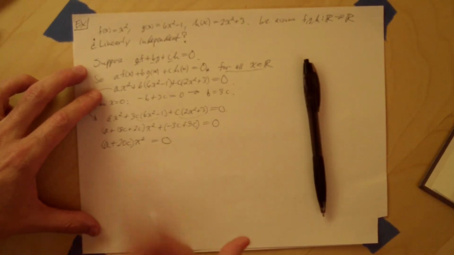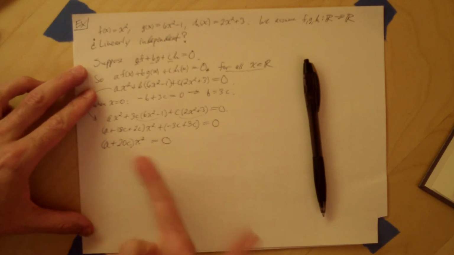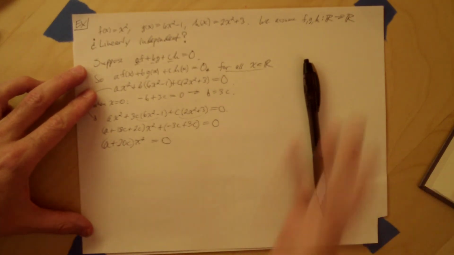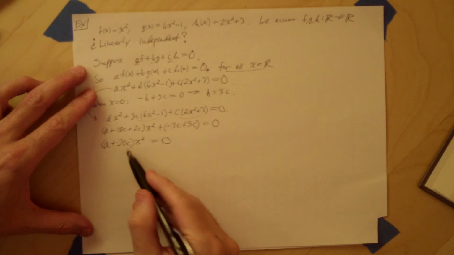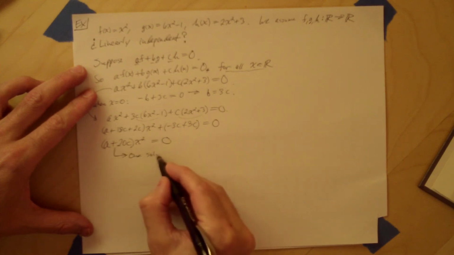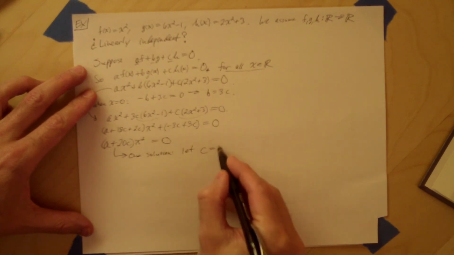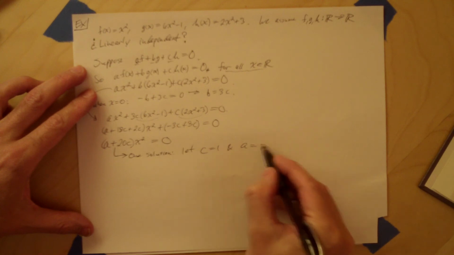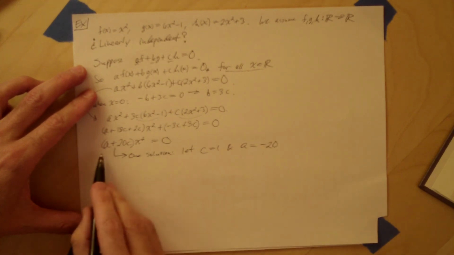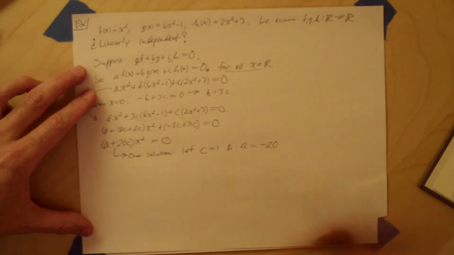Now that certainly could be satisfied if you let a and c both be 0, but there's definitely a way to do it without having them both be 0, right? One solution, let c equal 1 and a equal negative 20, right? Then you have negative 20 plus 20 is 0 times x squared, which will give you flat 0 all the time.